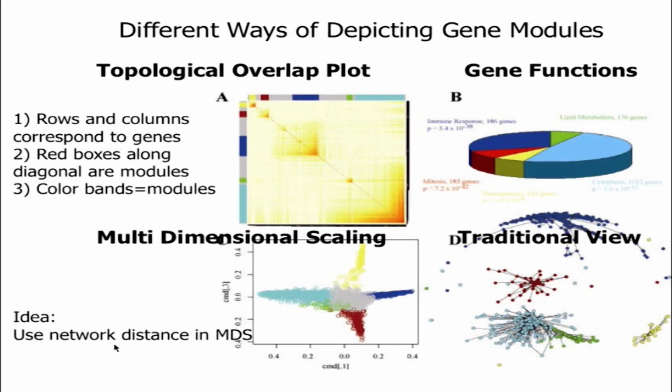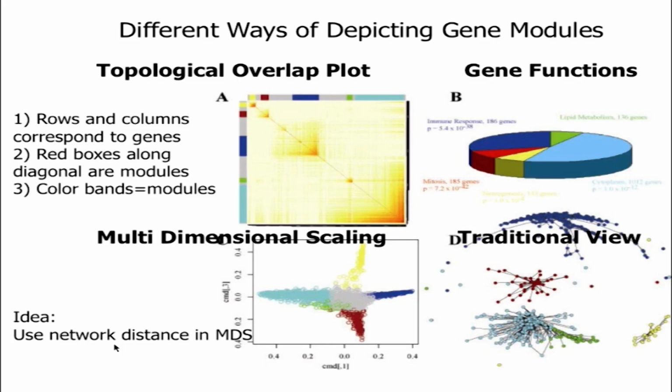So using any number of tools, for example, the David tool, do you know this? Ease, David, Ingenuity Analysis, Web Gestalt, there's a lot of wonderful software packages out there. And so, for example, we would say this brown module here is highly enriched with mitosis-related genes, you know. And so we would learn something about the biologic meaning of the modules.